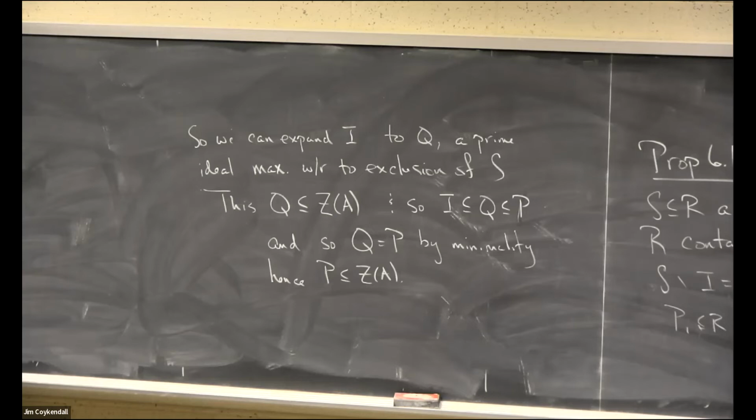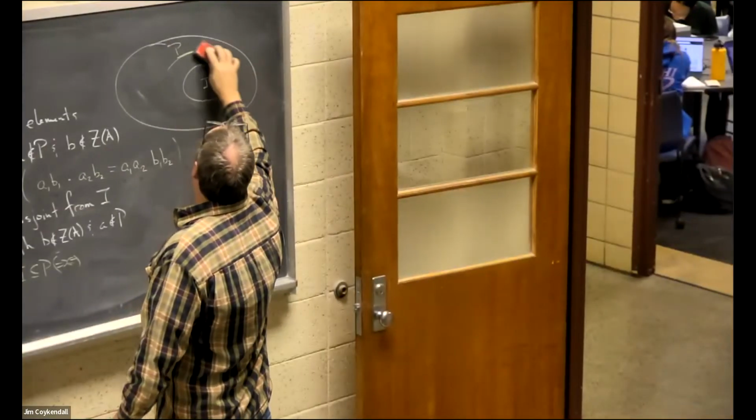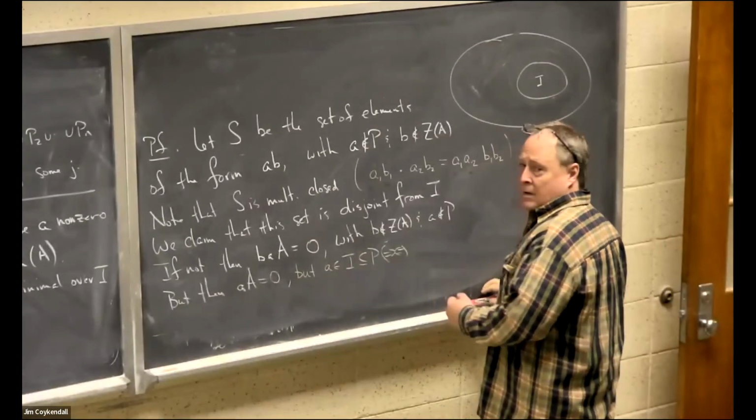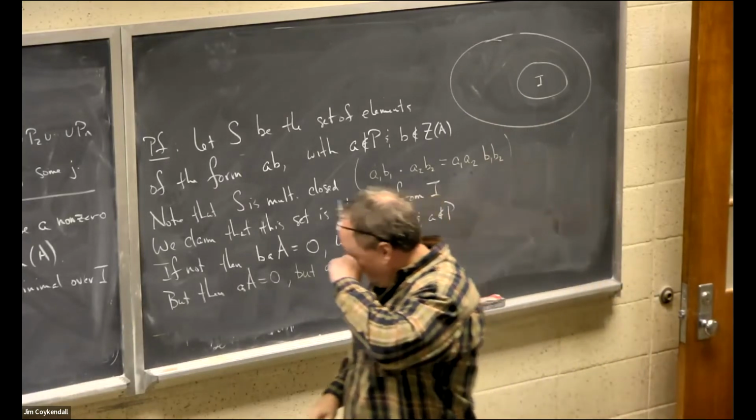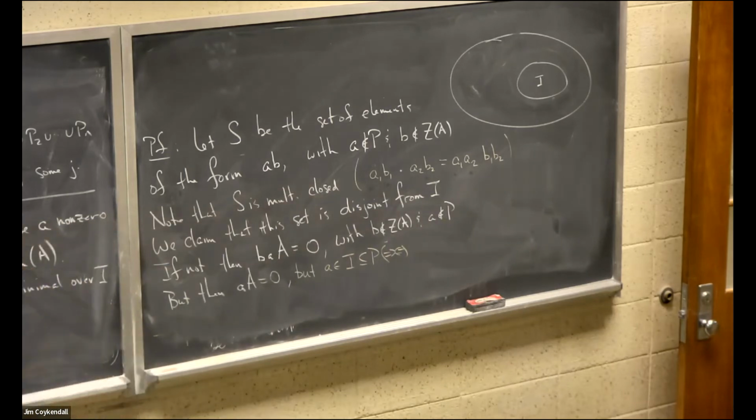P is some minimal prime. We know that I is disjoint from S. Have you got it? Okay, others?